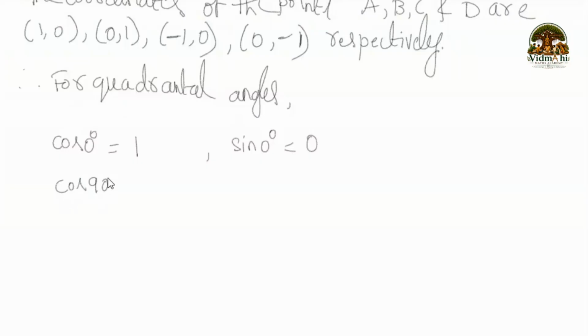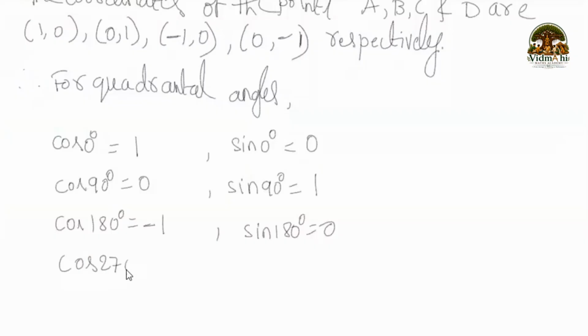Cos 90 degree is equal to 0. Sin 90 degree is equal to 1. Cos 180 degree is equal to minus 1. Sin 180 degree is equal to 0.